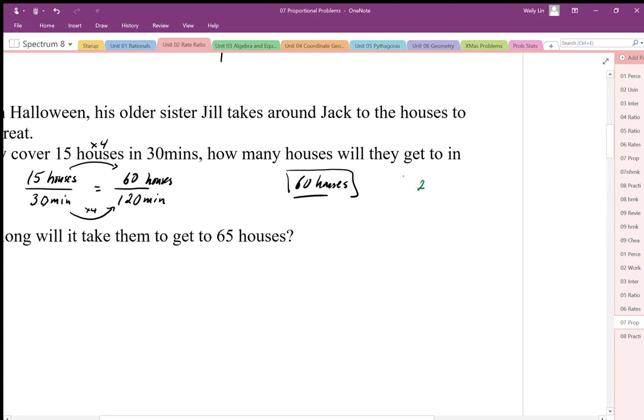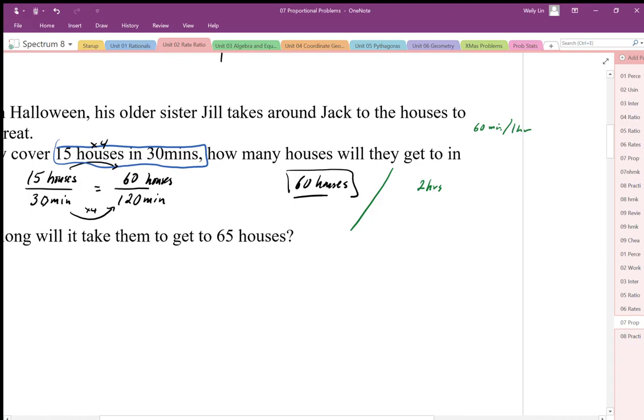So we can start with 2 hours, and here is my ratio, my rate. Okay, my rate is 15 houses in 30 minutes. So first of all, I want to convert this into minutes. And I know that 60 minutes is equal to 1 hour.